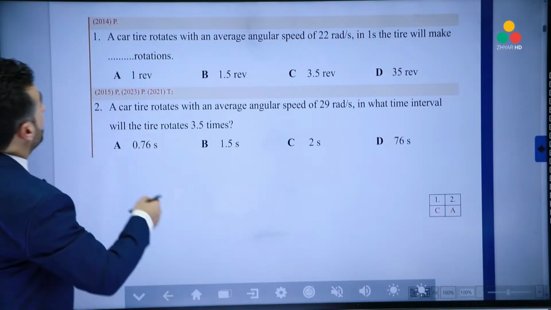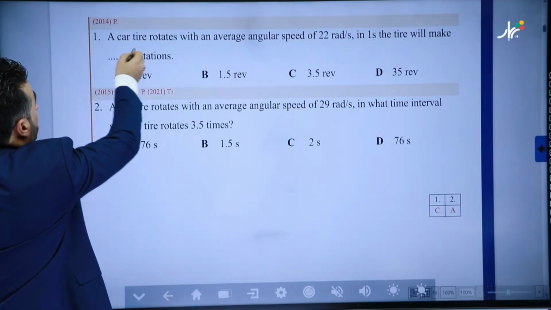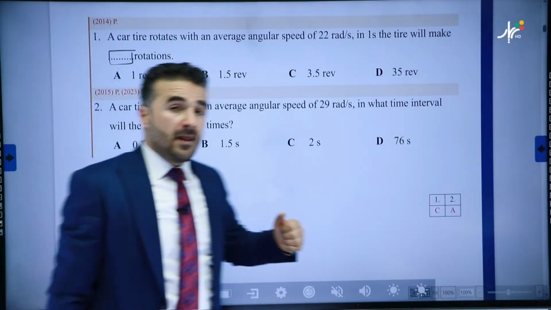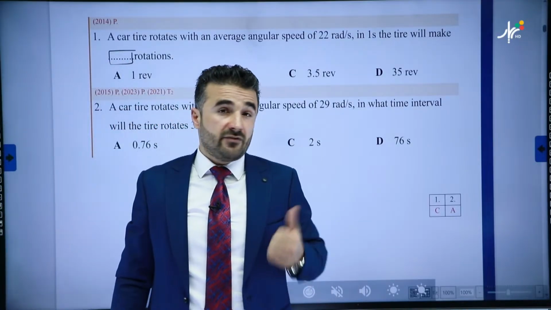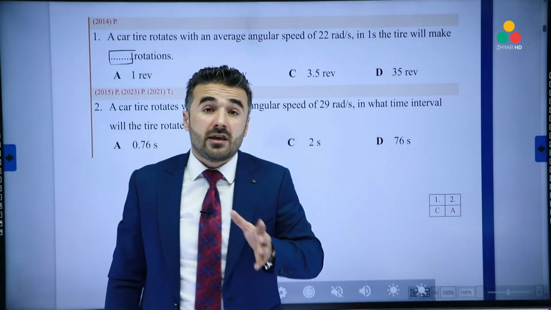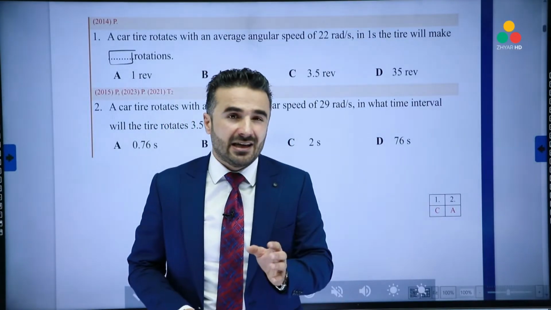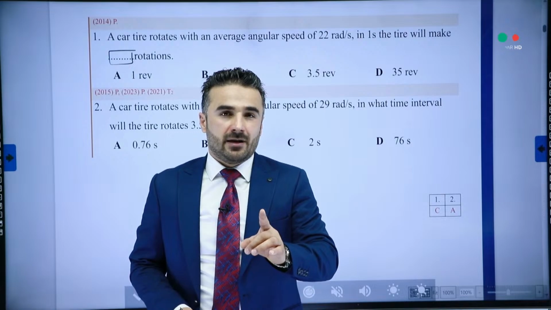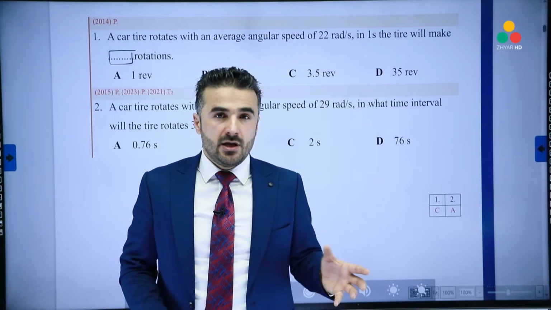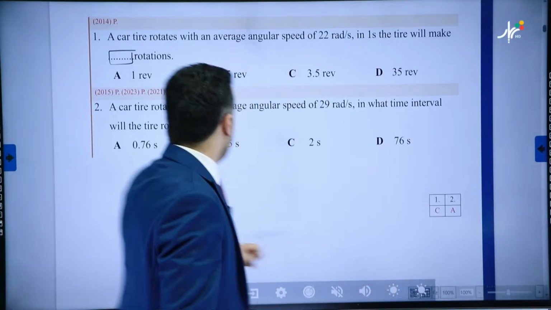What I want you to know is this. We're trying to find the number of revolutions. Because you're given the angular speed and the time, find the angular displacement. But the angular displacement you find is going to be in radian, yeah? All the options given are in revolutions, so you have to convert this into revolutions.